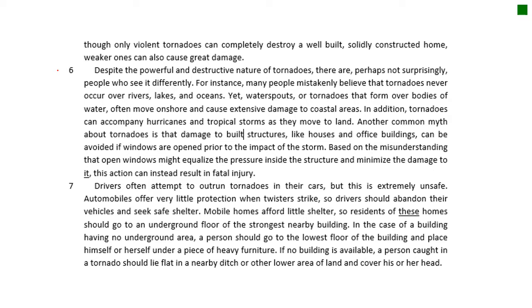Okay, there's a tornado coming, let me open the windows so that my house doesn't get blown up. So this is a misunderstanding and a misinformation, and it could cause people inside the house to actually die because of this. So what can we do? It is a dangerous phenomenon, it is deadly, it is destructive.